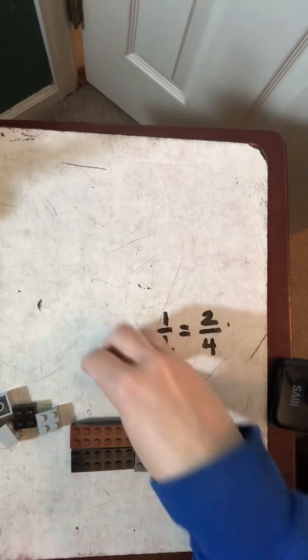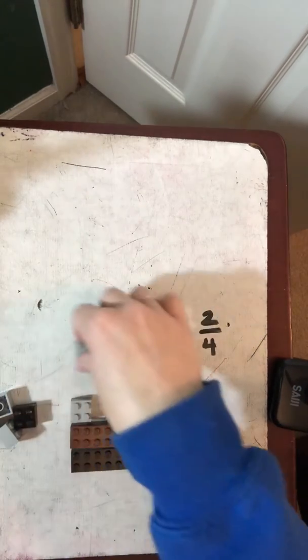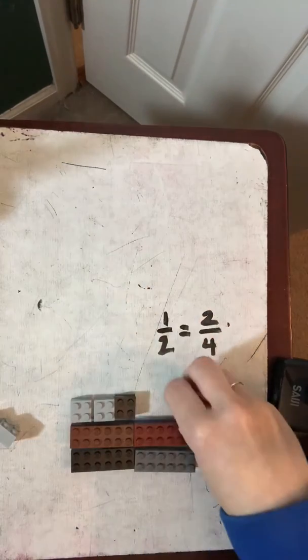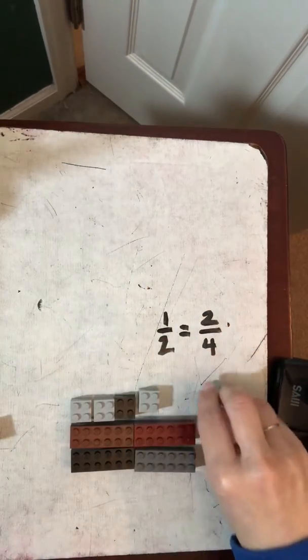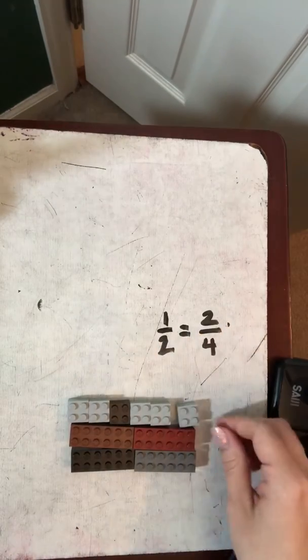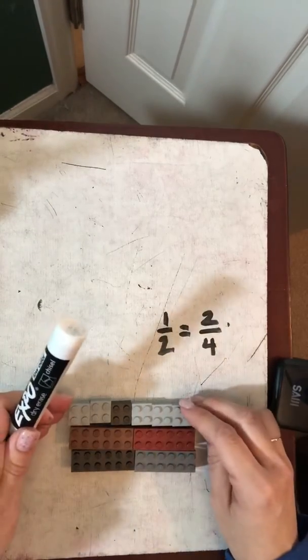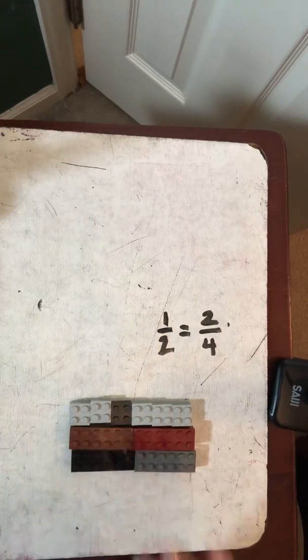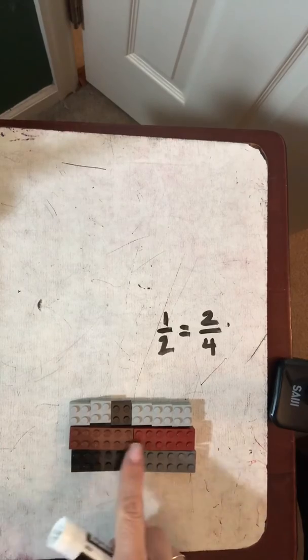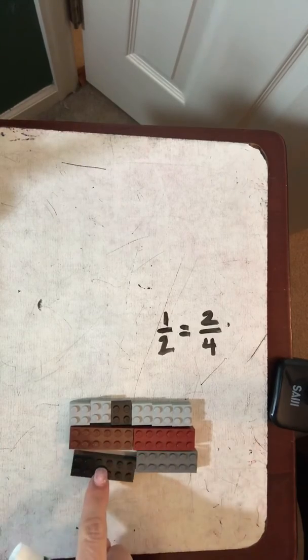Let's see what these are broken into. 1, 2, 3, 4, 5, 6. So these are sixths. Sixths. That's that one that's really fun to say because you can't say it. Do you see any sixths that are equal to the 1/2?